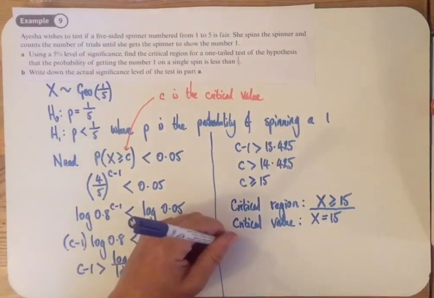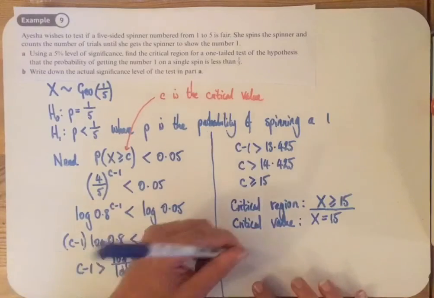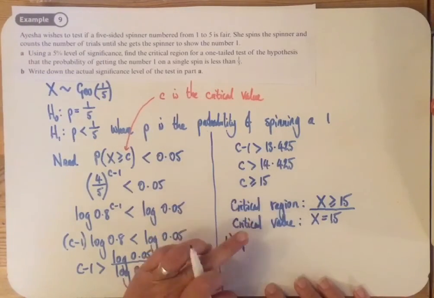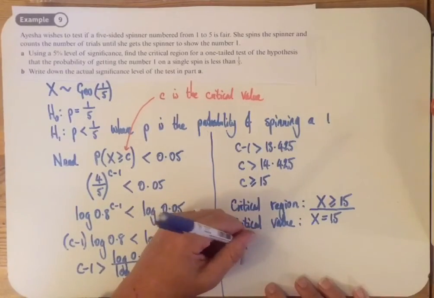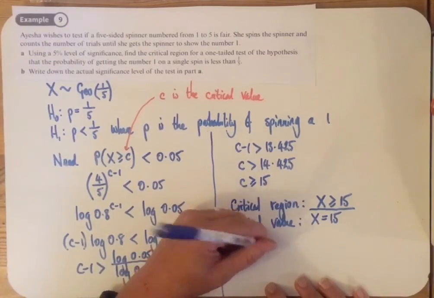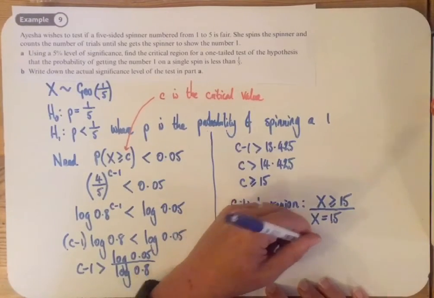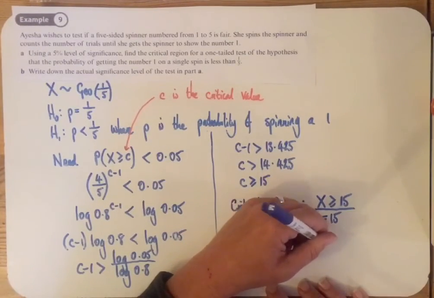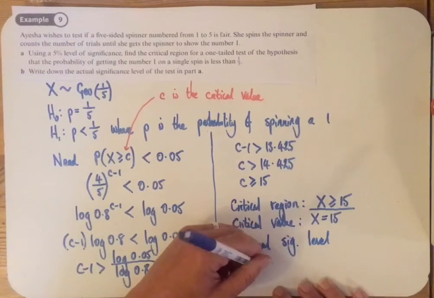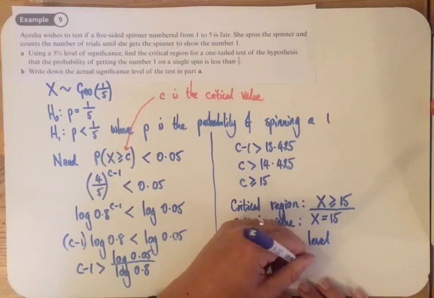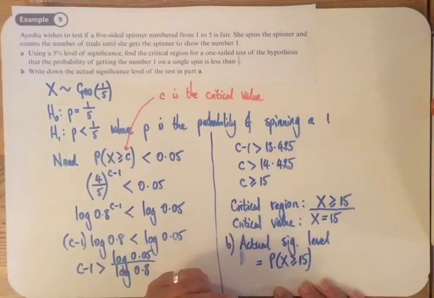And then to find the actual significance level for the test, you need to find the probability. So what's the probability you accept the alternative? So that's the probability that x is greater than or equal to 15.